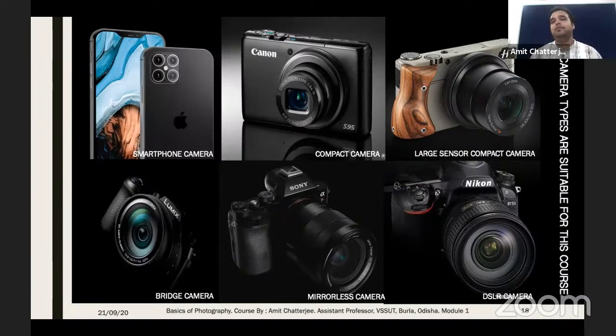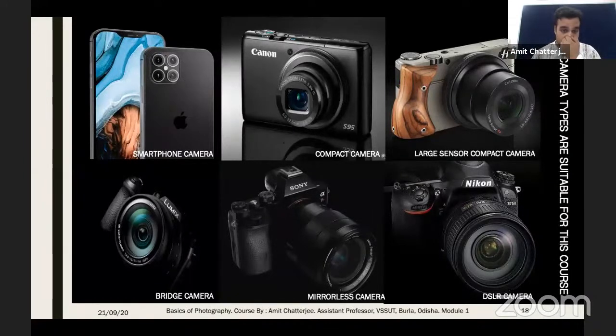Having said that, mirrorless and DSLR cameras are almost the same in terms of all the other capabilities. A mirrorless camera can sometimes cost you way more than a DSLR, because this is the call of today.